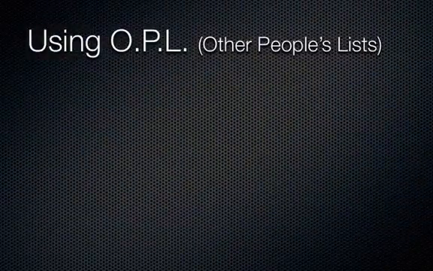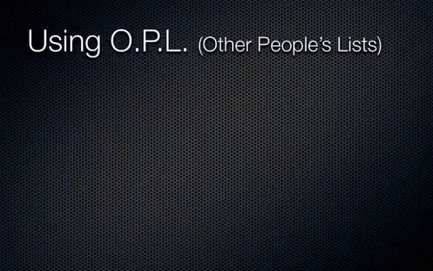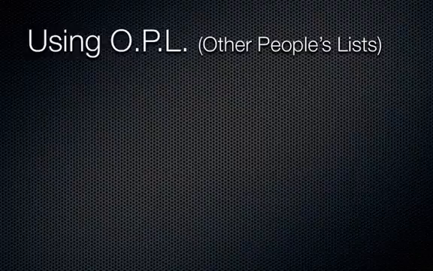It's other people's lists. How cool is that? Even if you don't have a list of your own, even if you don't have an autoresponder, you can still make a ton of money by doing this because we can use other people's lists.